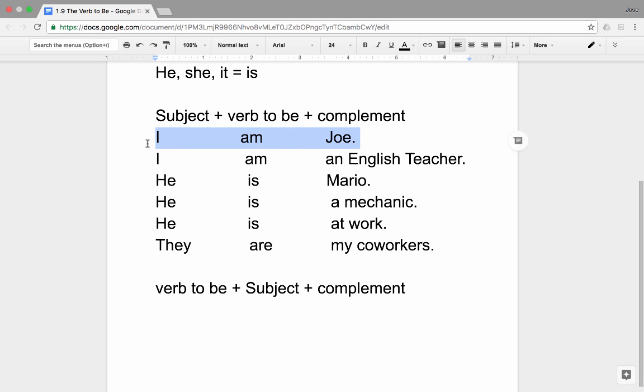So I'm going to copy this and paste it here at the bottom. And as I mentioned, what we're going to do is change the verb to be to the beginning and put the pronoun there. So let's look at that. This one changes here. And there we go.